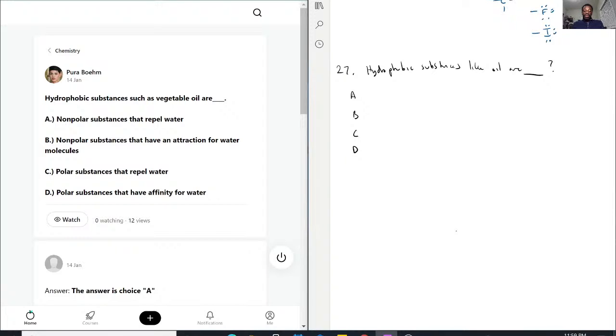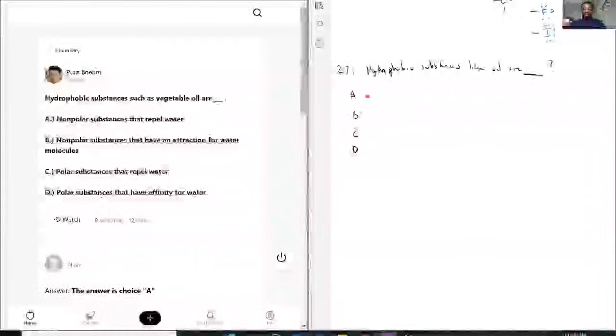So let's go through the answers, okay? We have a nonpolar substance that repels water. For this, I'll actually just put a dot here because that sounds like a pretty good explanation. The key part is that it repels water. That and water do not mix, okay? Now, it says a nonpolar substance that has an attraction for water.